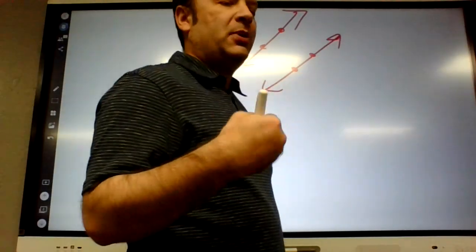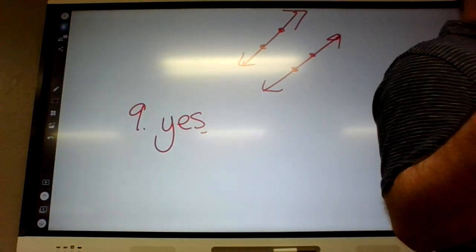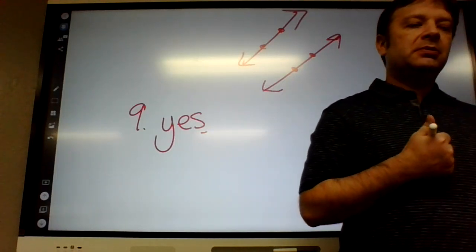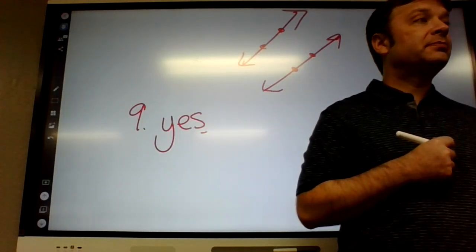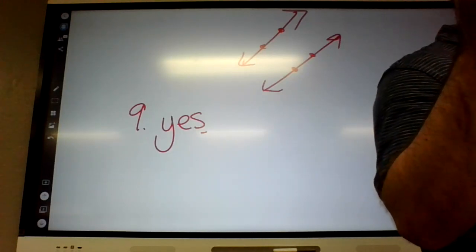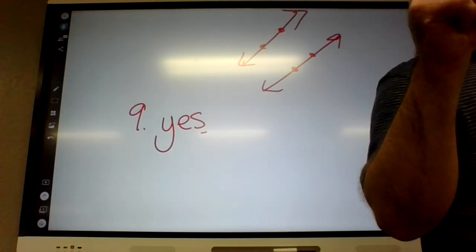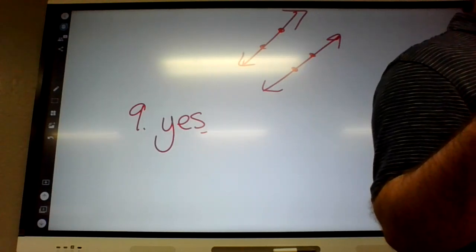But then we got to say what postulate says that's true also. Yes. Okay. It's basically saying A and B are in the plane, so line AB is also in the plane.